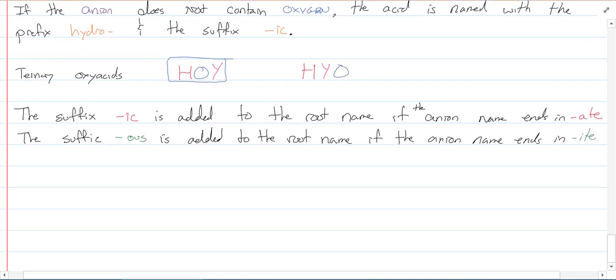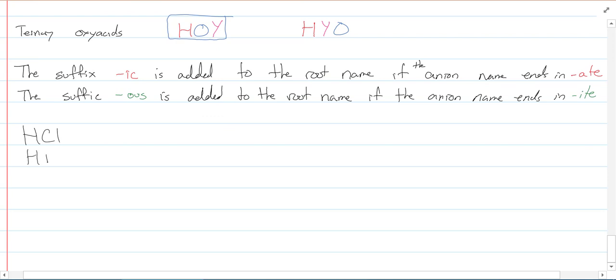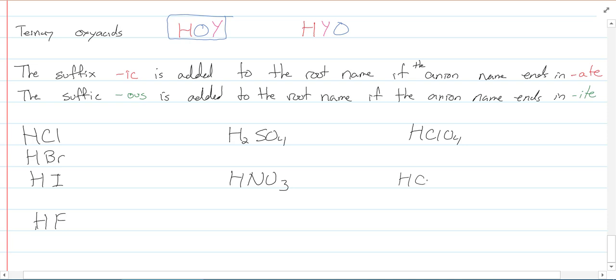Let's talk about this. HCl, HBr, HI, HF, H2SO4, HNO3, HClO4, HClO3, HC2H3O2.